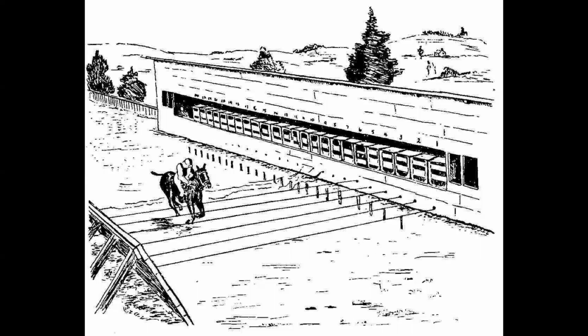And what would happen was, as the horse was galloping down the track, it would hit the first string and set off the first camera. Then it would hit the second string and knock off the second camera, and so forth. So as the horse was galloping, all these different cameras, as you can see in this drawing of the apparatus here, would go off at the different phases of the horse's gallop.